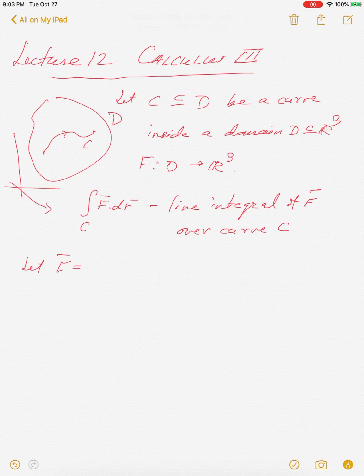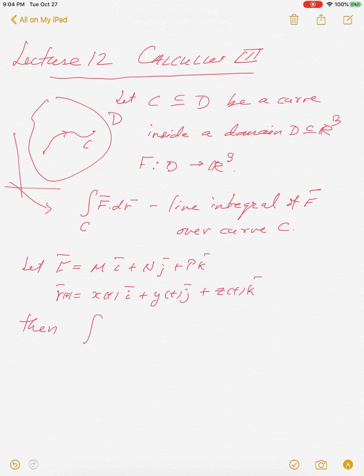So the first thing to do, well, let's see. Let f bar be m i bar plus n j bar plus p k bar, and r bar(t) be x(t) i bar plus y(t) j bar plus z(t) k bar.